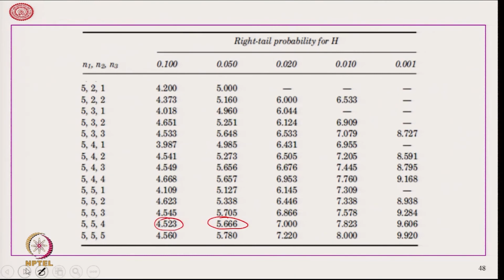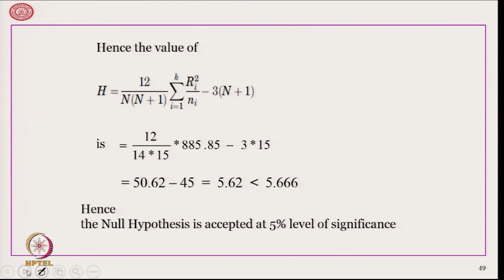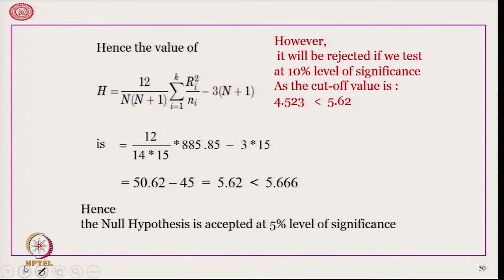Therefore, the decision we can arrive at is the following: since 5.62 is less than 5.666, the null hypothesis is accepted at 5% level of significance. However, it will be rejected if we test at 10% level of significance, as the cutoff value there is 4.523, which is less than 5.62.